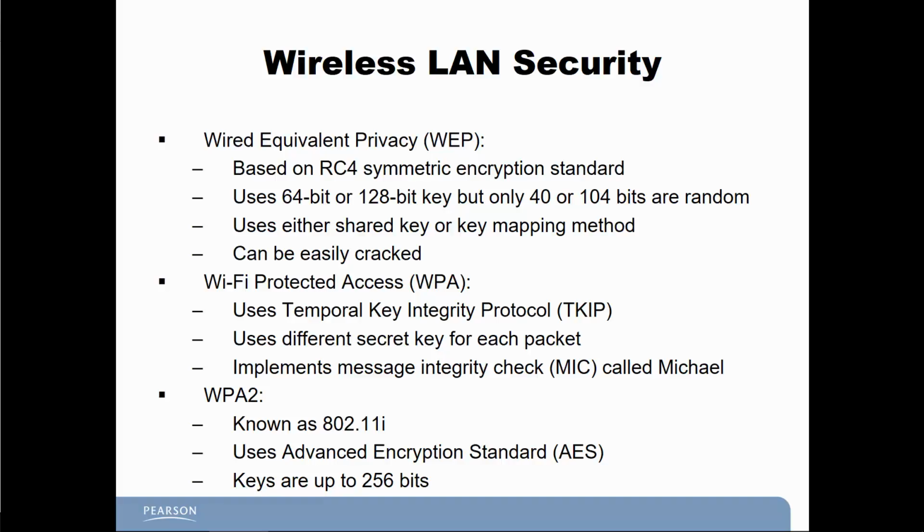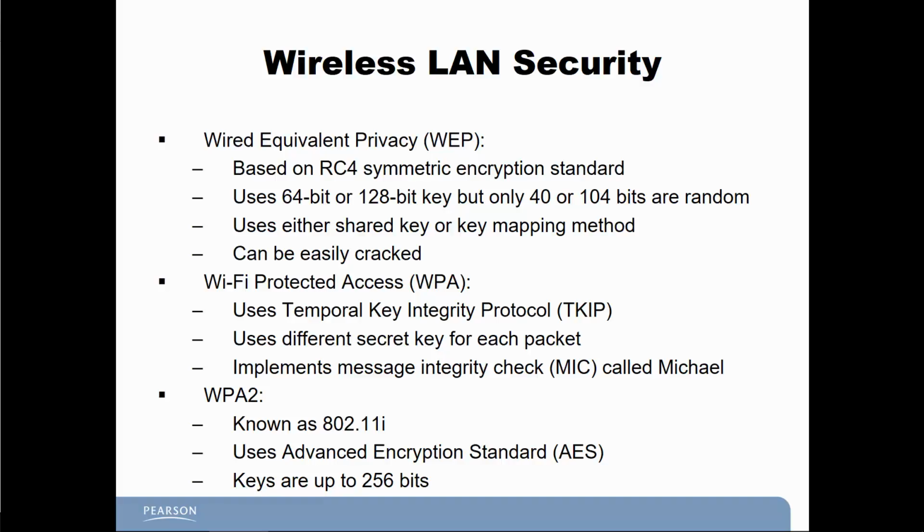We found that that was easily done, so we got a WPA standard, which uses a Temporal Key Integrity Protocol, or TKIP. It will use a different secret key for each packet. This also implements message integrity checking, or MIC, called Michael.